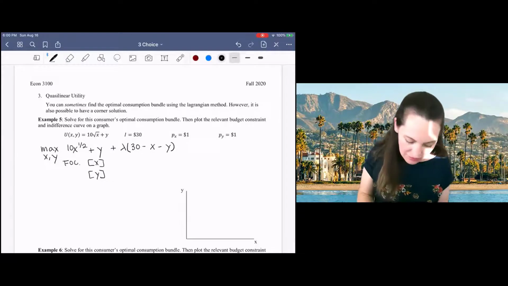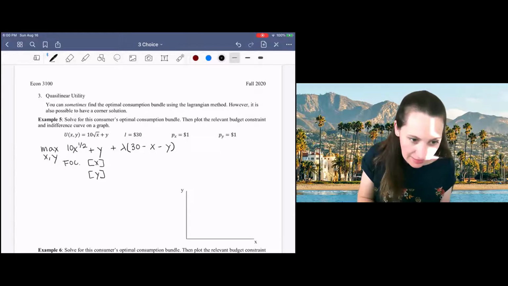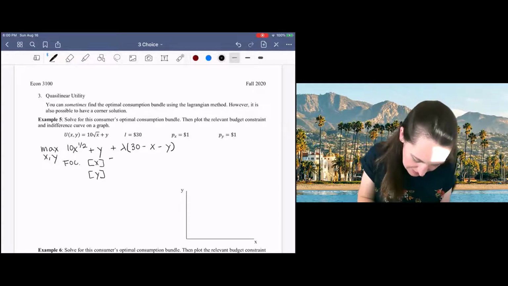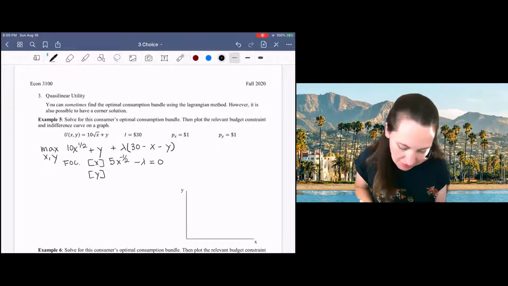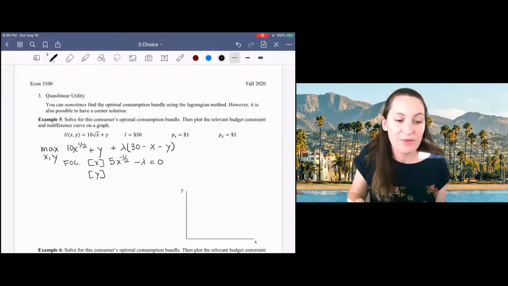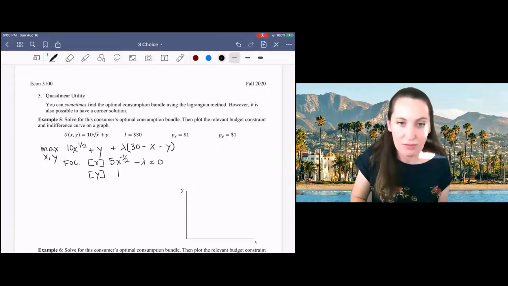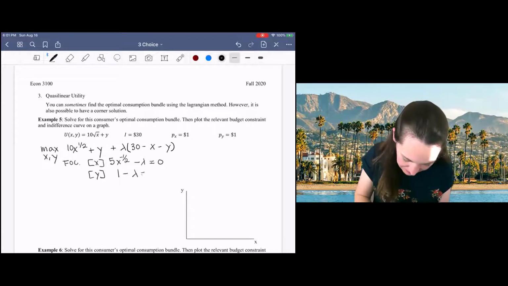So when I take the derivative with respect to x, I get 1/2 times 10 is 5, x to the negative 1/2, minus 1 lambda. Set that equal to 0. And when I take the derivative with respect to y, I get just 1 minus lambda equals 0.